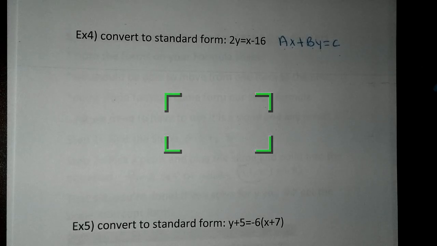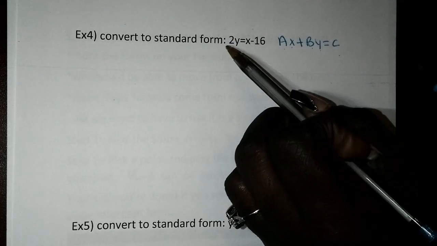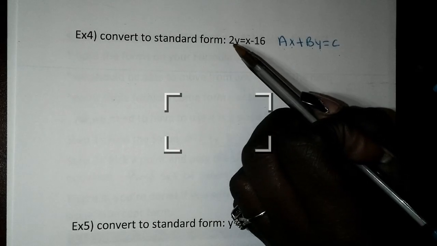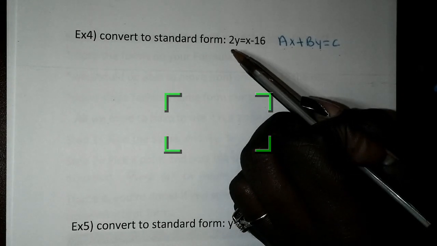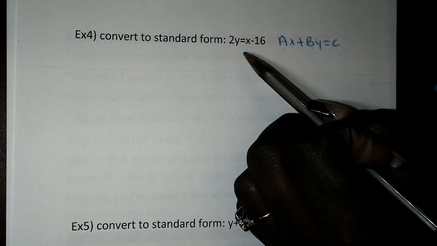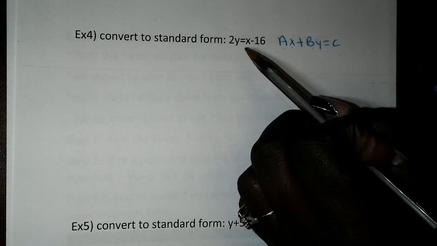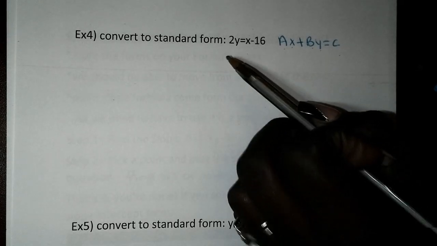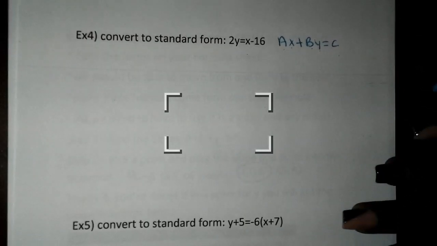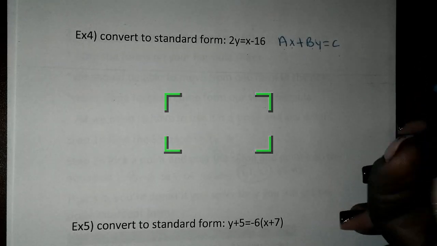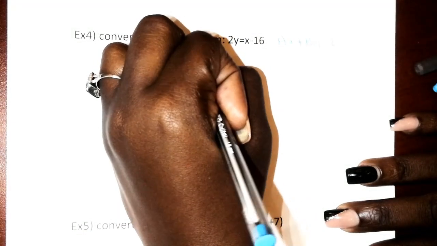So in this instance, if we look at the equation that's given, we got 2y equals x minus 16. We know the 2 is our b, and our a right here is the x. So we need to get what together? The x and the y. So in order to get that together, I move my x. If that's a positive x, I do the opposite. So I'm going to rewrite my equation.